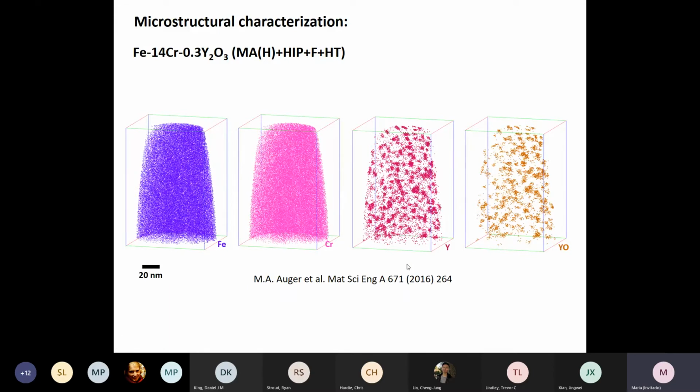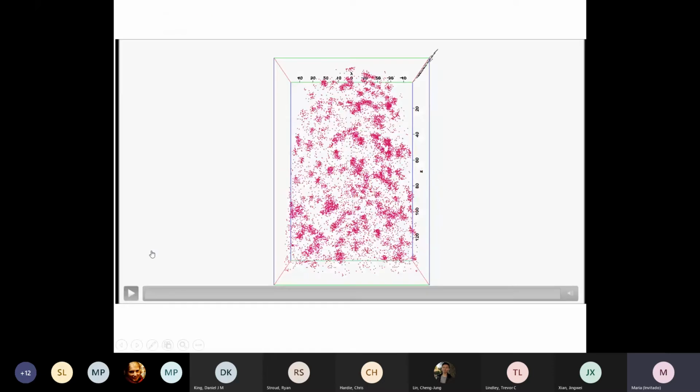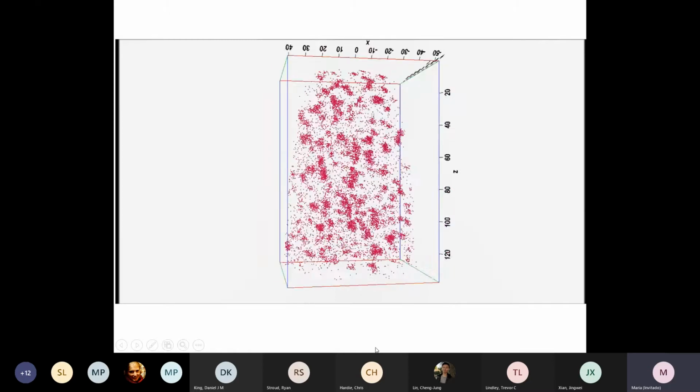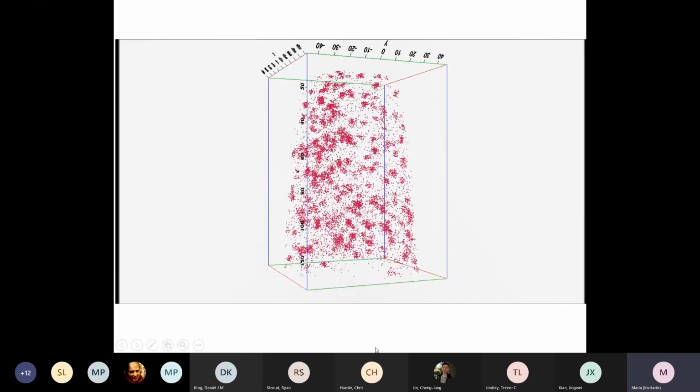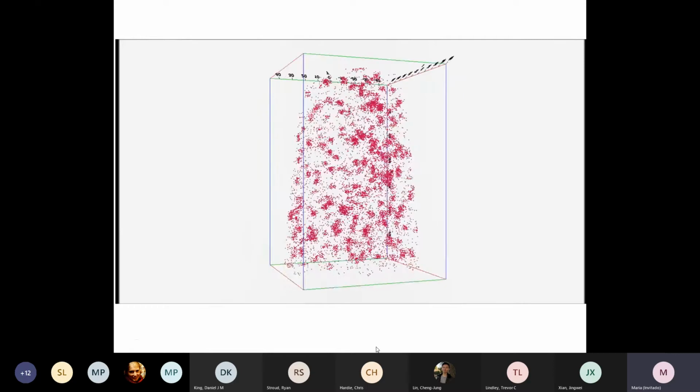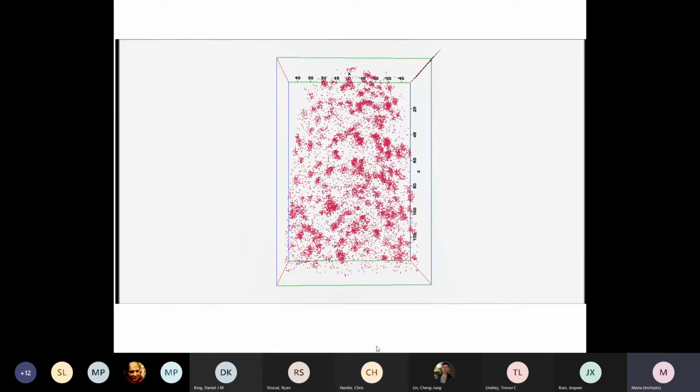a 2D view of the nanoparticles, but atom probe tomography allows us to see it in a 3-dimensional view. And here we can see that this nanometric dispersion of particles is actually homogeneously distributed, at least inside the grains.